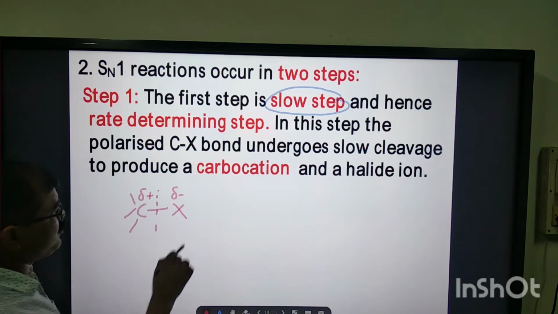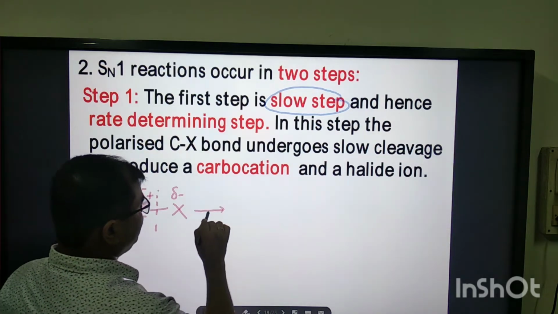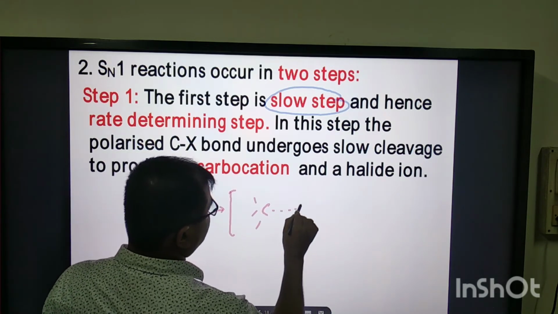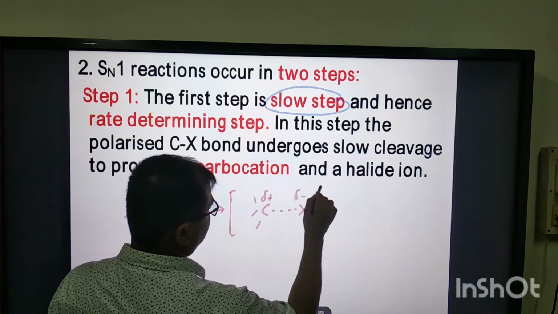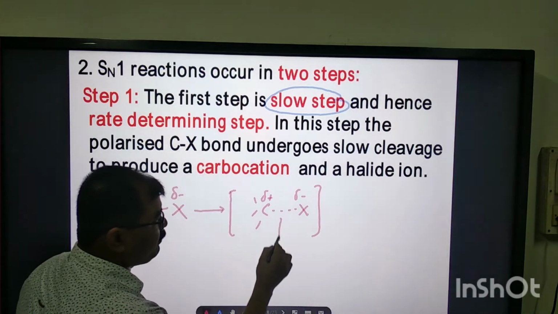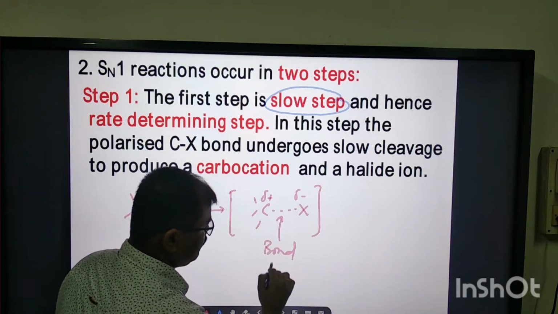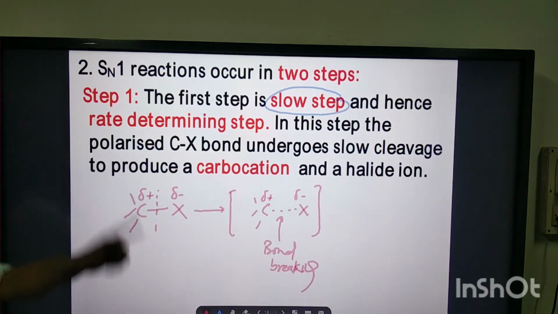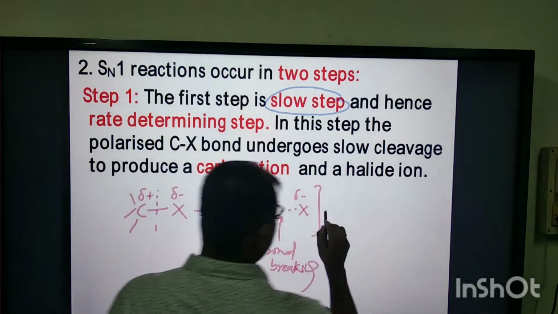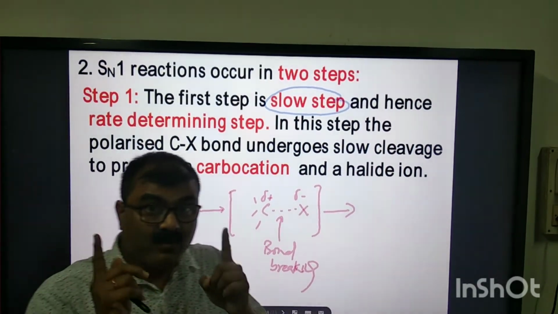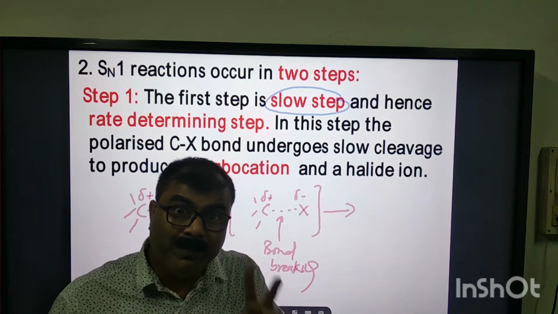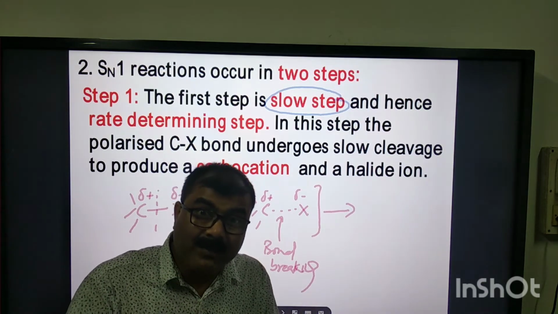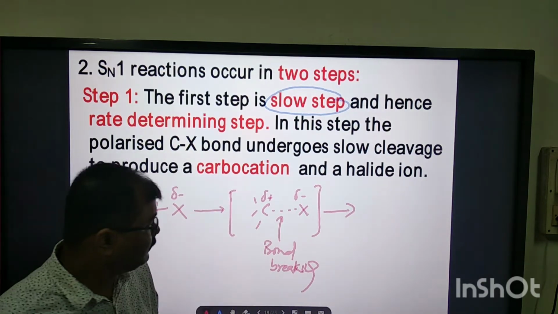You can even show the transition state here, where bond breaking takes place. In the SN1 reaction only bond breaking takes place, but in SN2 bond breaking and bond formation take place simultaneously.